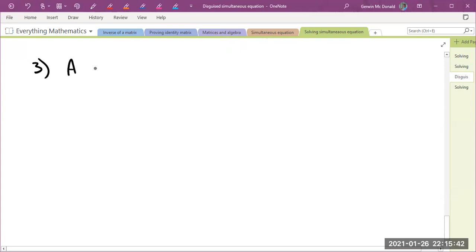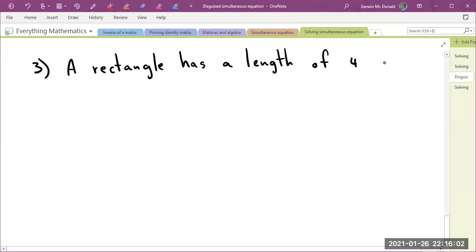They said a rectangle has a length, I usually have problems spelling the word length, of 4 centimeters more than its width. Even width I struggle to spell sometimes.